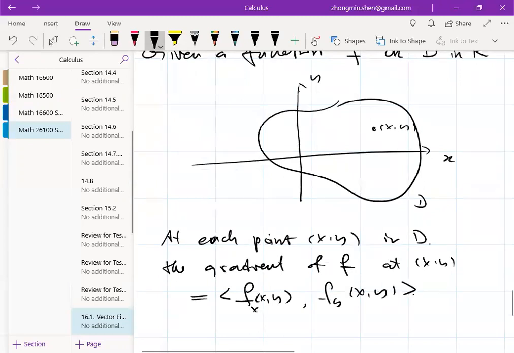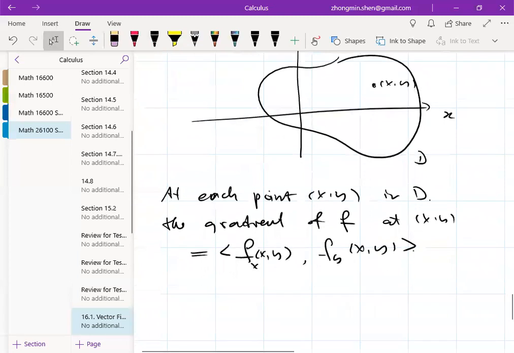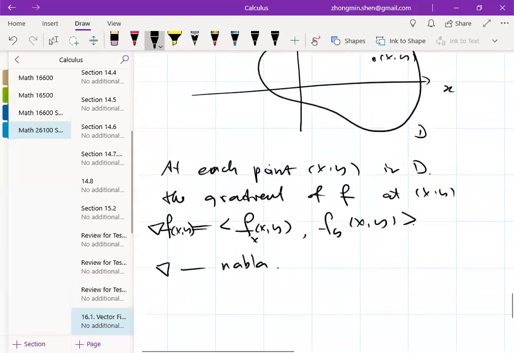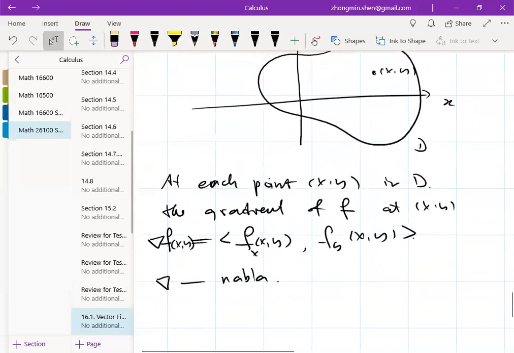Okay, so it gives you the vector. Now, what's the meaning of this? This is the notation, called nabla. Nabla of f. So the gradient of function f at the point is a vector. So now you get a vector field over the space.